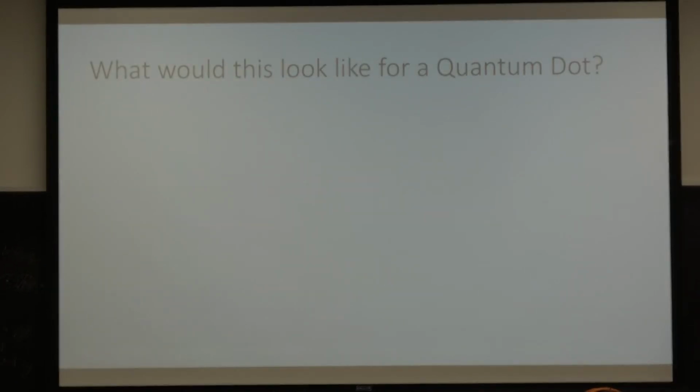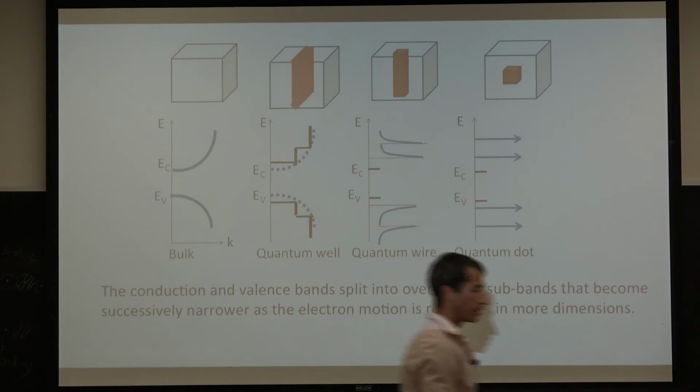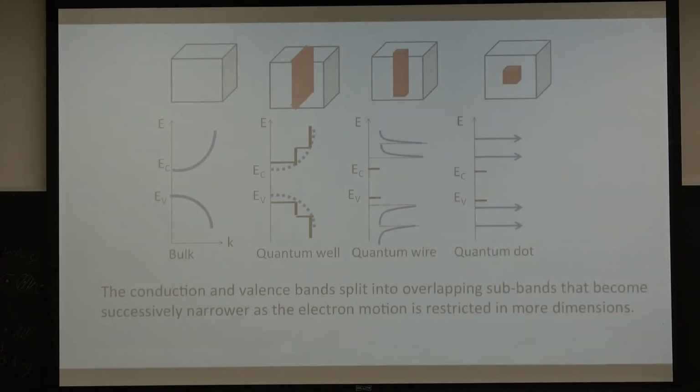Okay, so then what would this look like for a quantum dot? This is kind of the best one I could find. When you start to literally confine the dimensions of these materials, you start to limit the number of states that you have, right?